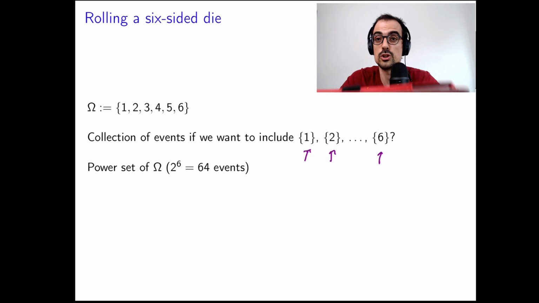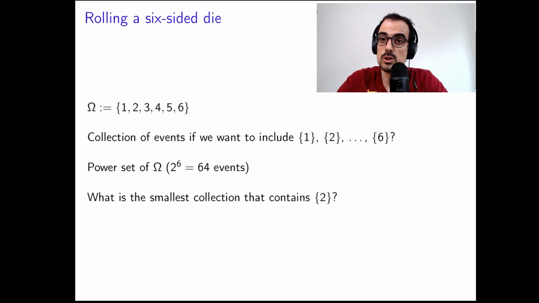In this case, we could choose this collection of events that has these 64 possible events and assign probabilities to all of them. This is not the only possible choice. Imagine that we're just interested in whether we obtain a 2 or not. So think, what is the smallest collection that contains the event that a 2 was rolled? Let's get to work and draw the collection here.